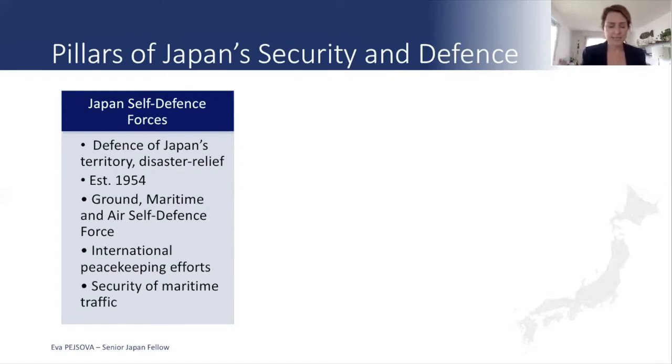It is divided into ground, air, and maritime self-defense forces, very much like a regular army, with the only exception that it can act solely within the jurisdiction and area of the Japanese territory. Today, it also participates in international peacekeeping efforts and in the safeguard of security of maritime trade, which is a key strategic interest for Japan as an island nation.